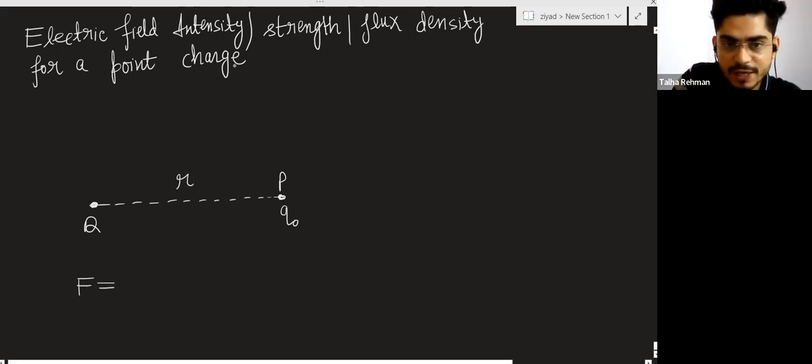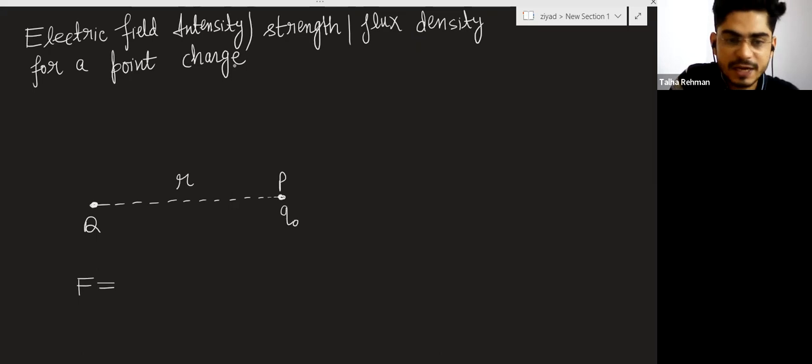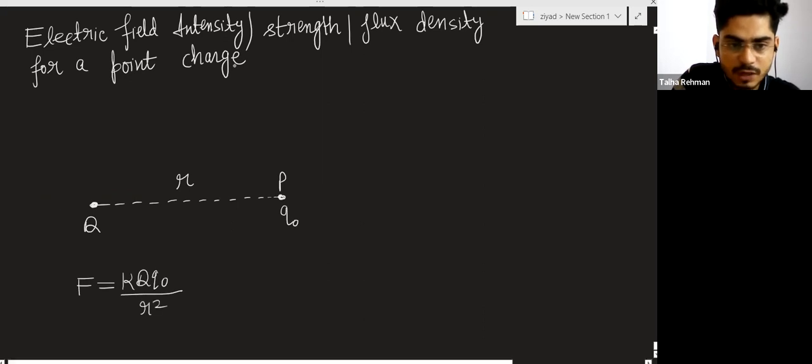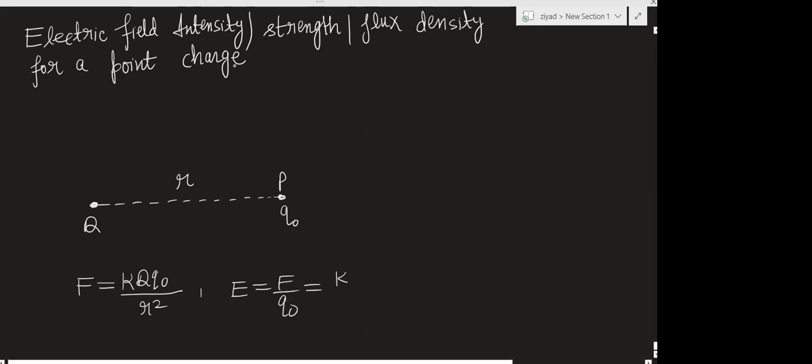Force is KQq naught divided by r square, and if you want to calculate the electric field, then divide by q naught.